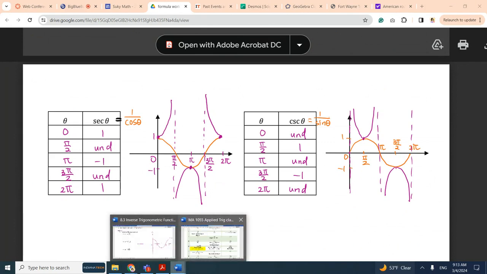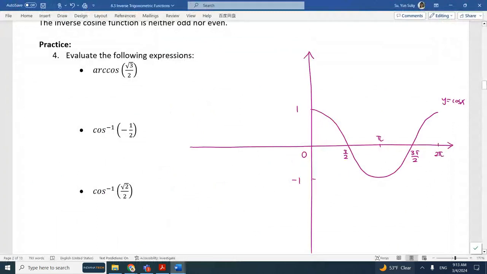Okay. So we draw the graph of cosine. And now you keep in mind that the x of the cosine corresponds to the y of the arc cosine. Keep that in mind.